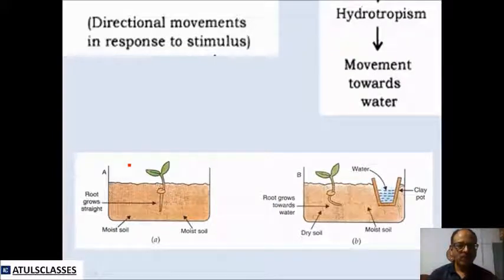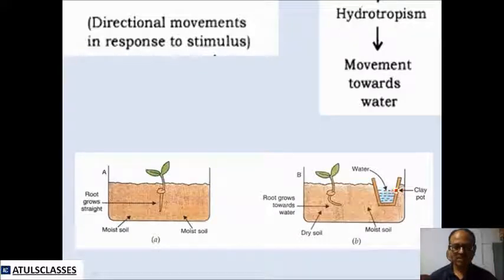Hydrotropism, this is a movement of plant parts towards the water, and here you can also perform this experiment at home. Take a pot, keep one porous pot into a small pot into the bucket or any vessel that you are carrying, then you will find that the growth of root will take place towards the water, which is in the direction of the pot.